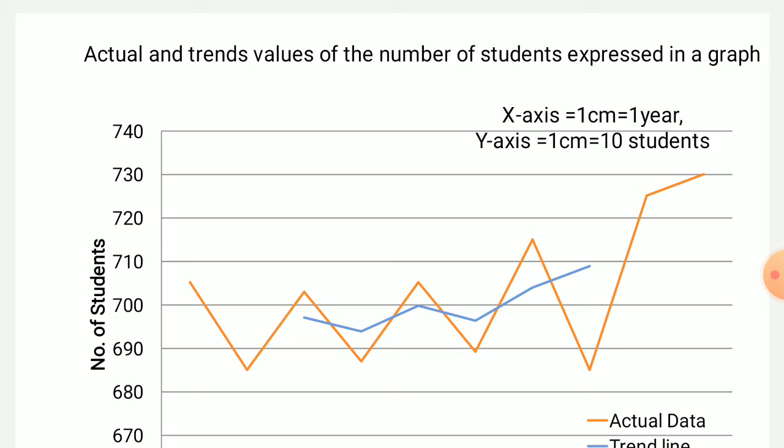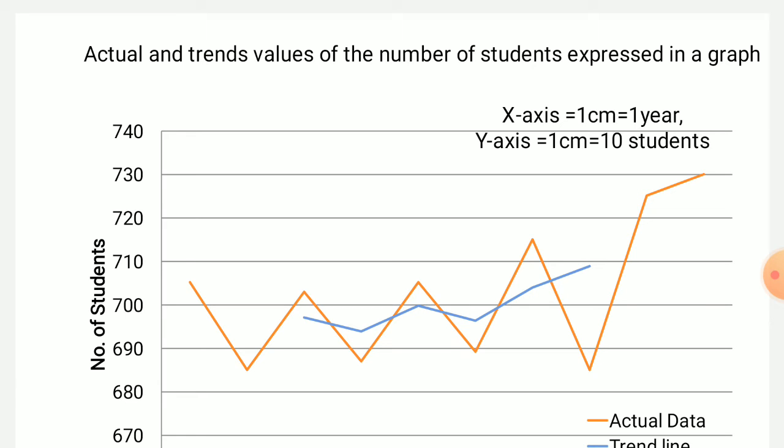After plotting these trend values, we have to connect these represented points carefully by a smooth line or smooth curve, which will show the direction of the trend.